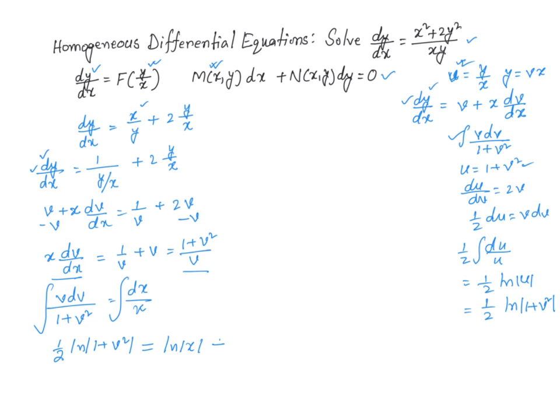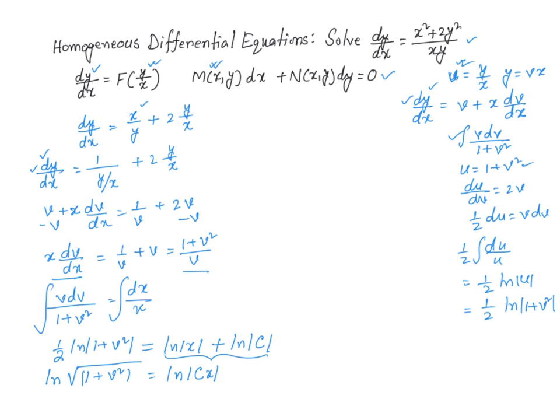Now I'm going to do a little bit of a trick here, which is not really a trick. I'm going to write ln of absolute value of c so that I can combine these two terms. The left hand side becomes ln of the square root of 1 plus v squared, considering the positive values here, equal to ln of a plus ln of b, which is ln of ab. So I could say ln of absolute value of c times x.